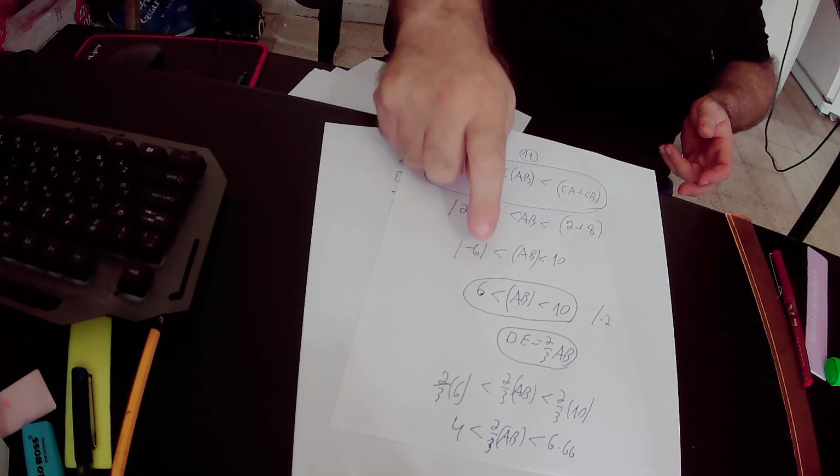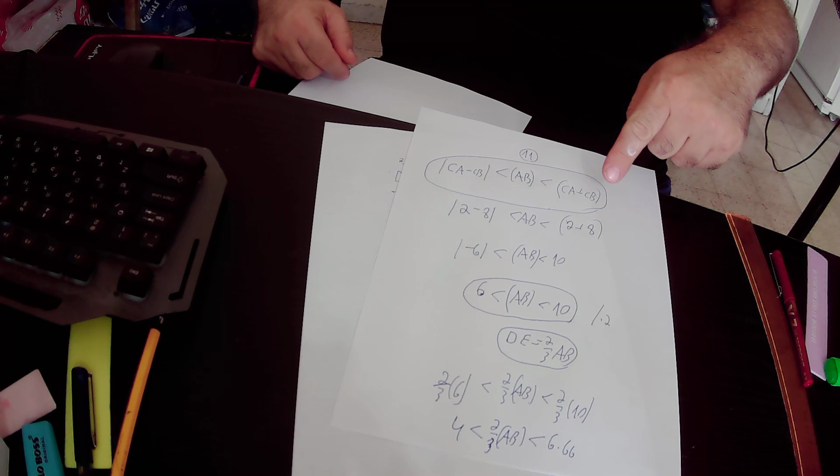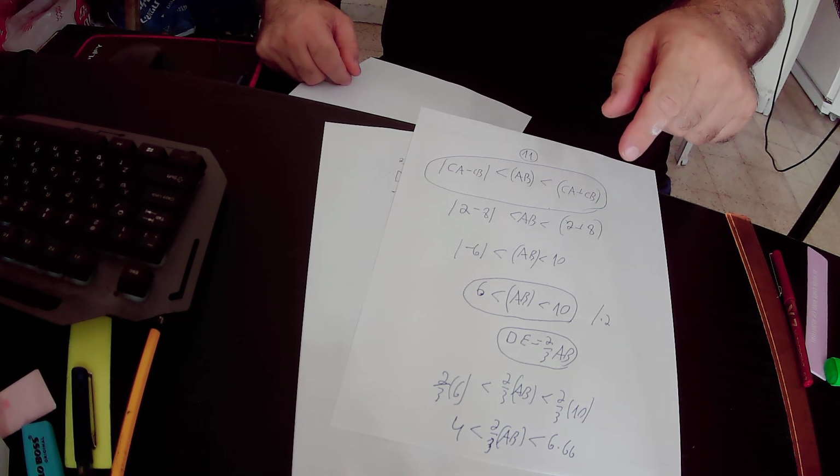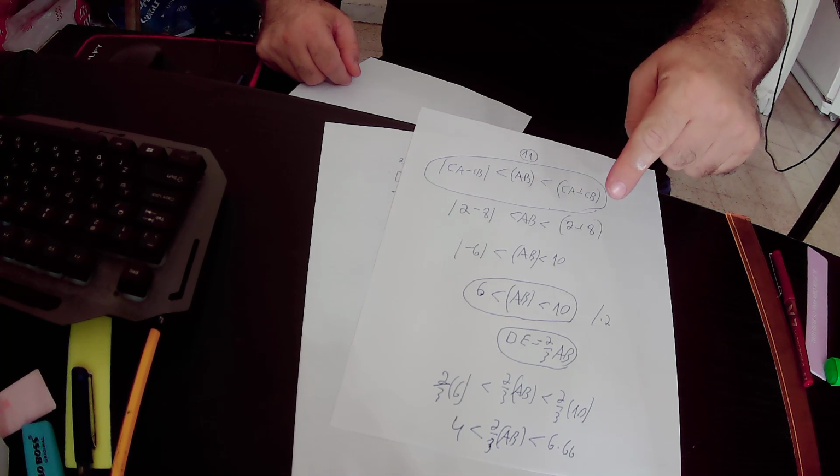So here we get 6, and here 2 plus 8 is 10. So in total we get that AB will be greater than 6 and smaller than 10.